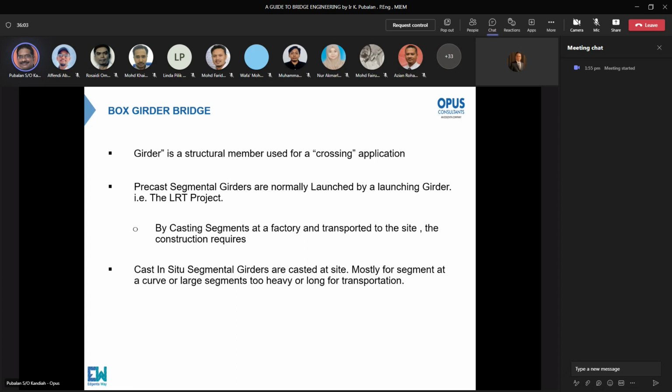You also have cast in situ segmental girders, where you cast the segment at the site. And you have your precast segments where you cast them at the factory and transport them to the site, which is much easier to be done. So LRT, most of it, they were using precast segmental girders.